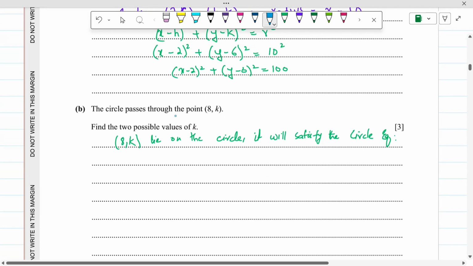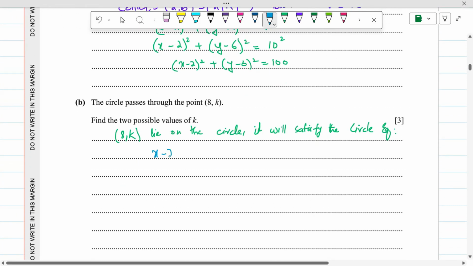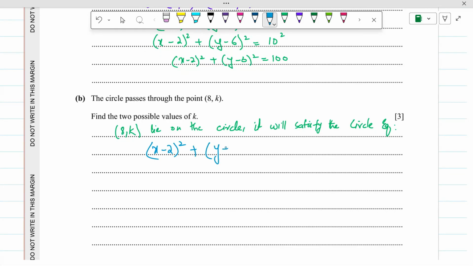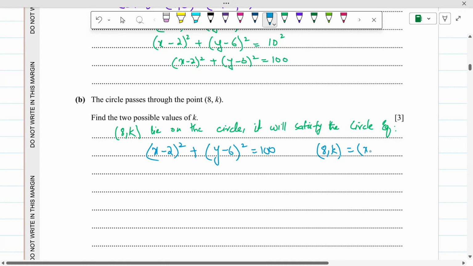We just calculated the circle equation in part A, which is (x − 2)² + (y − 6)² = 100. The given point is (8, k), which is x and y.